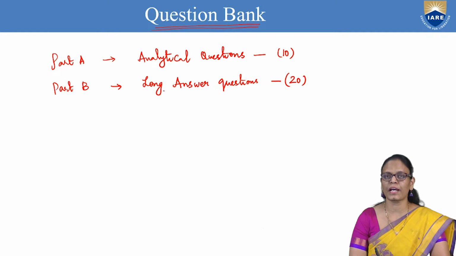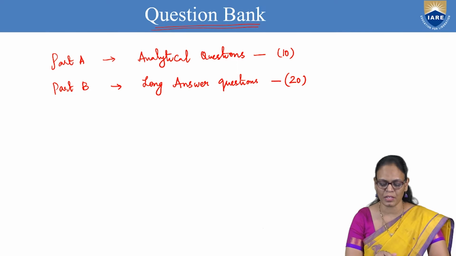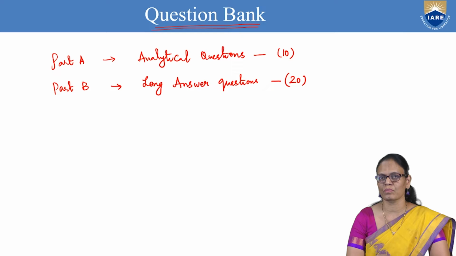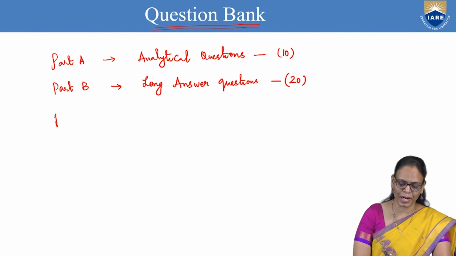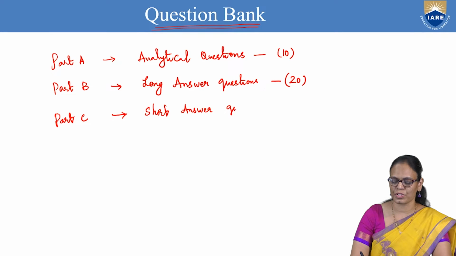And most of the time, the SEE theory questions, each carrying 7 marks, will be from these long answer questions. Then part C has short answer questions, and these are also 20 in number.